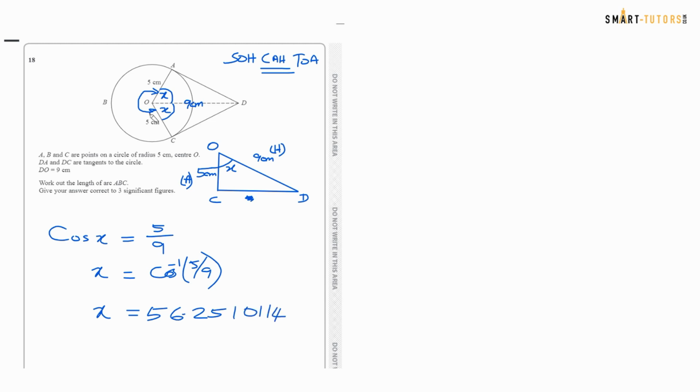So 56.2510114 is the angle. So keep that as many decimals as possible because we don't want to round up here. If you make an error here rounding up, then the final answer is going to have more error. So keep more decimals, or keep the answer in the calculator as the answer button.